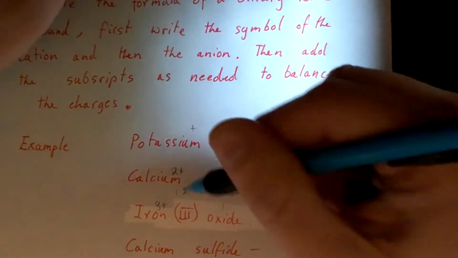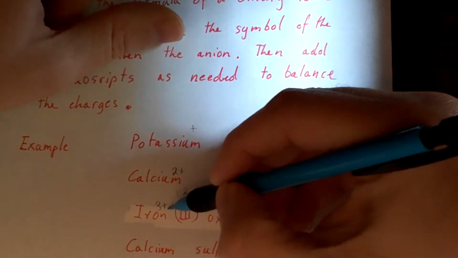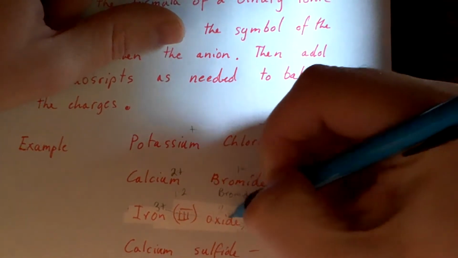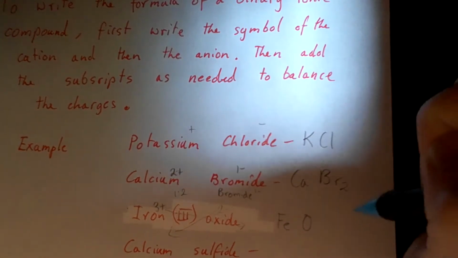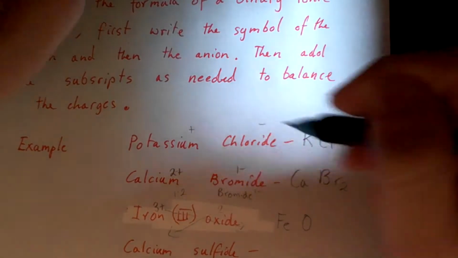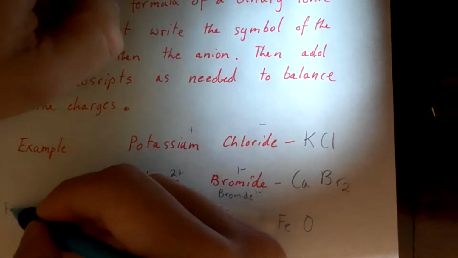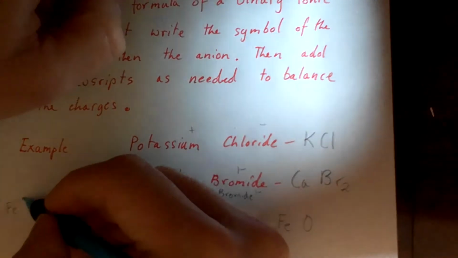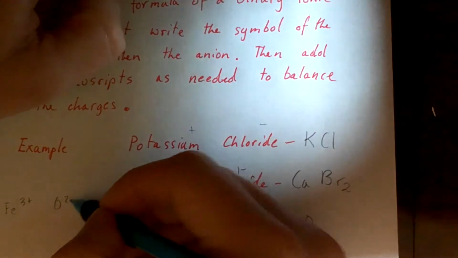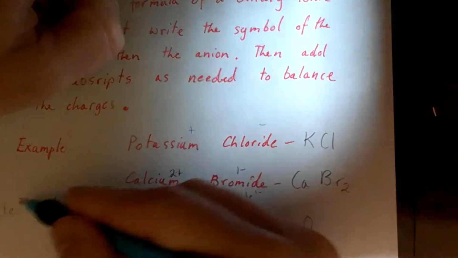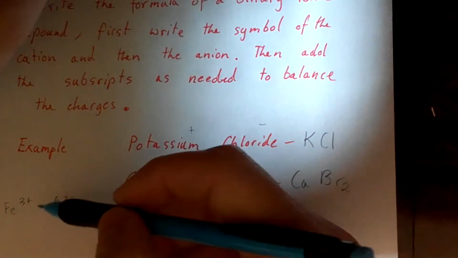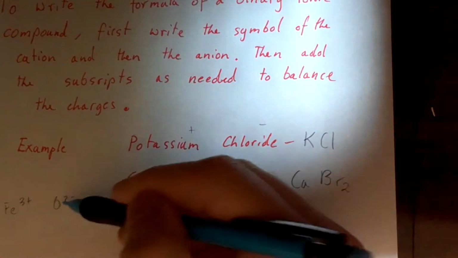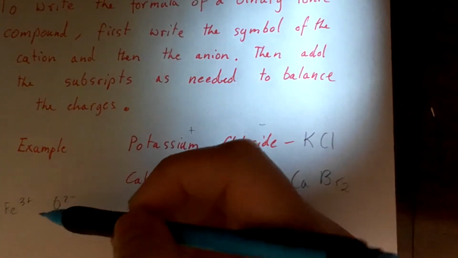There's also a crisscross method where you can bring the 3 plus over to the oxygen and the 2 over to iron, and that's going to balance out the formula as well. But let's look at it here. I have Fe 3 plus and O 2 minus. The common neutral charge between the two has to be 6.